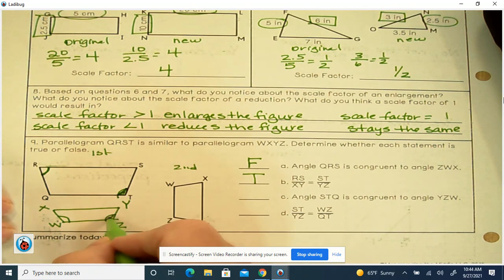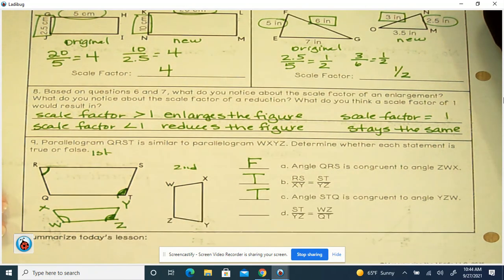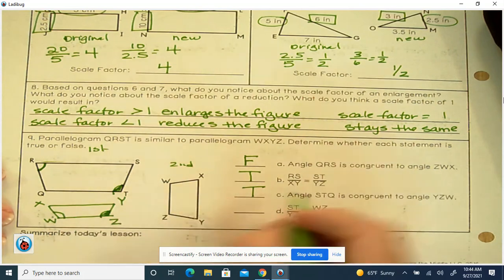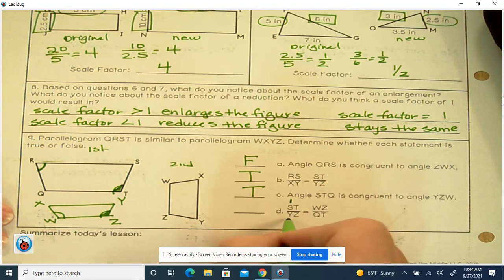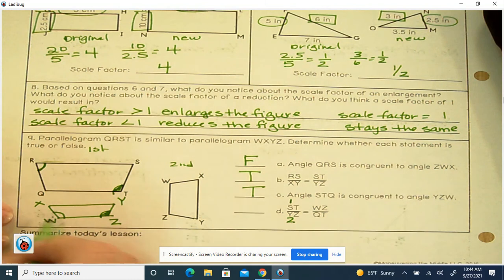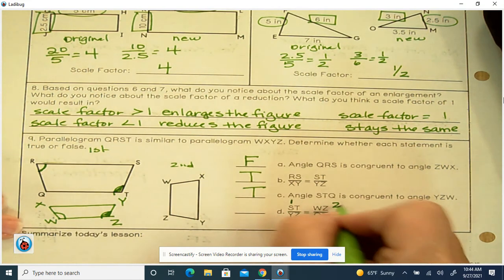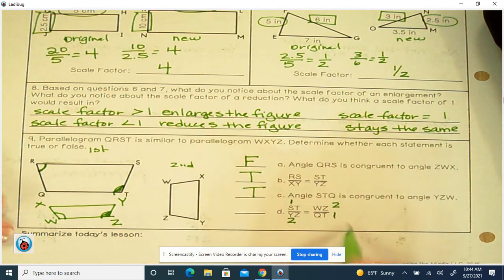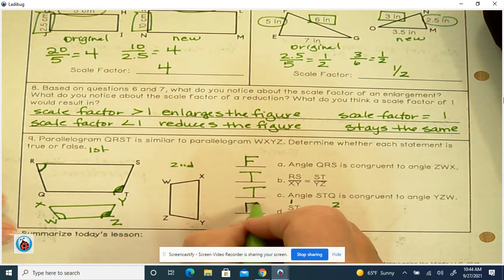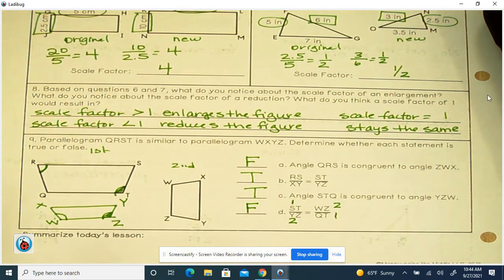These two are the same, so that's true. So you've got ST over the first one, over YZ over the second one. Then you have WZ over the second one, over QT over the first one. They are not congruent or matching, so the answer there is false.